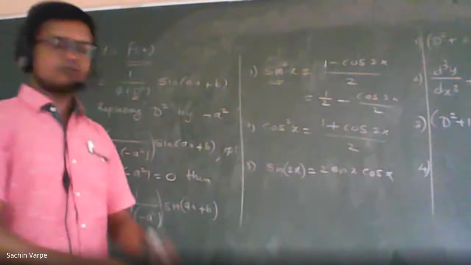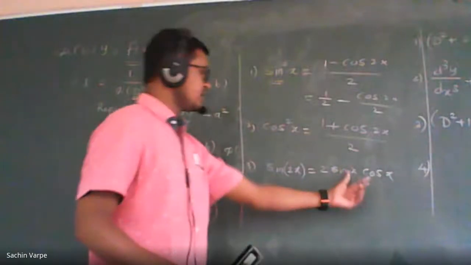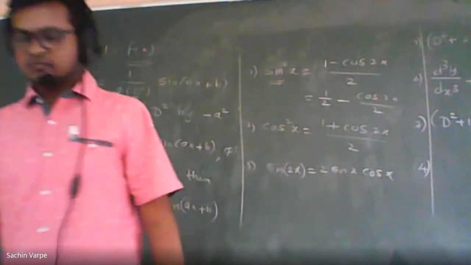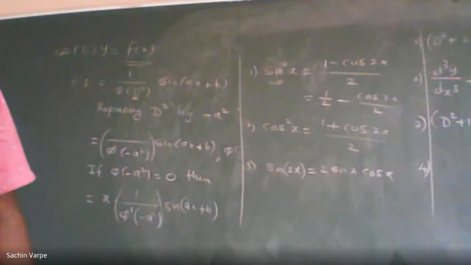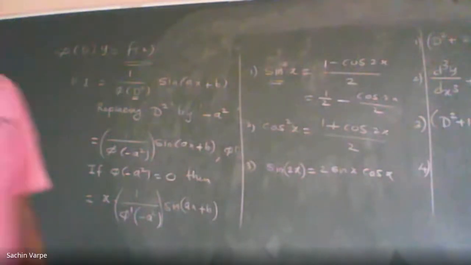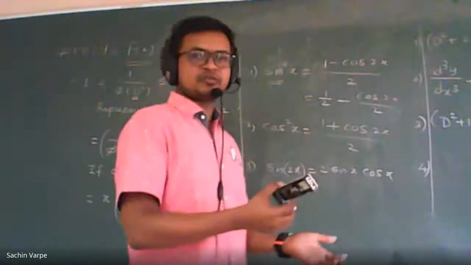So if I have the product of linear sine and linear cos, then I can write that in terms of sine of 2x. Then we have the product of sine cos, and cos cos.